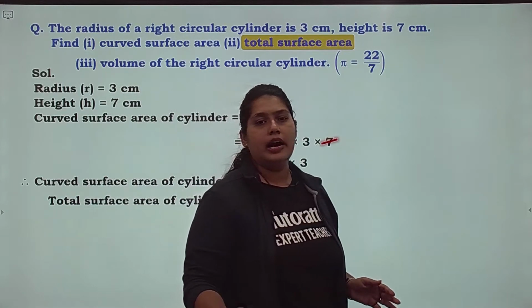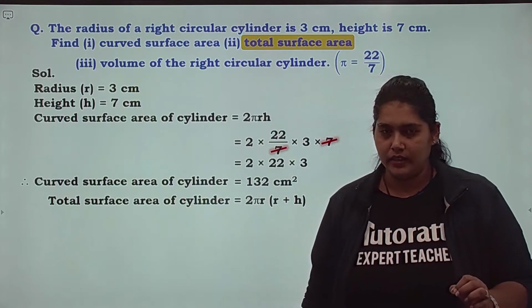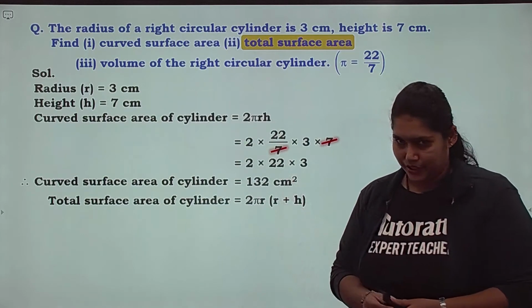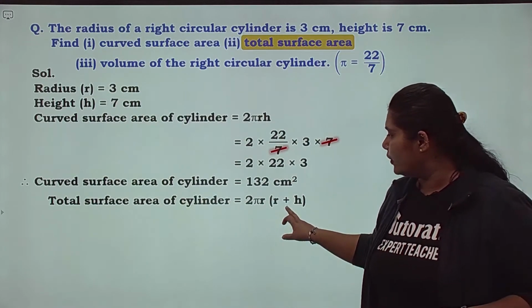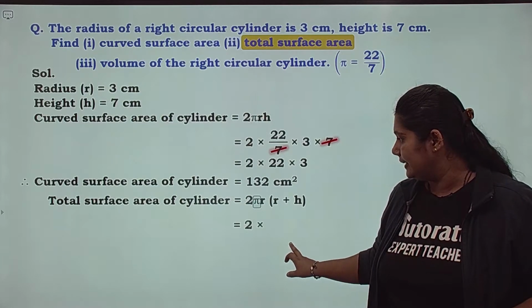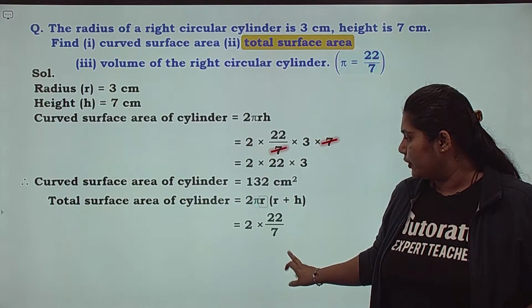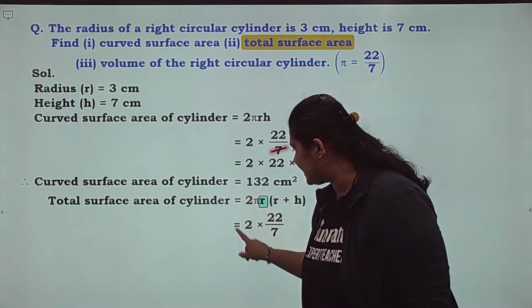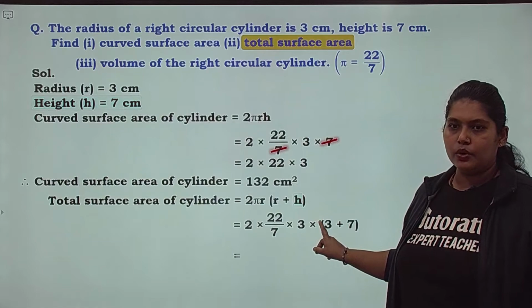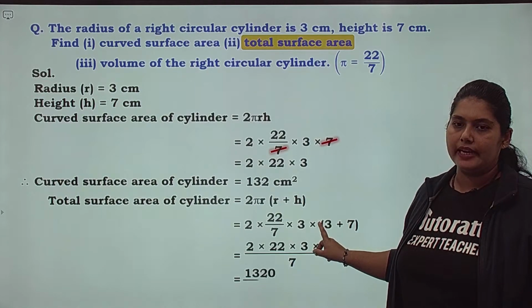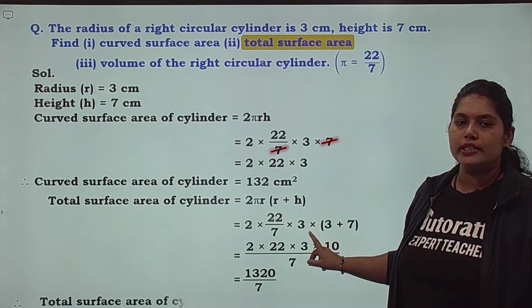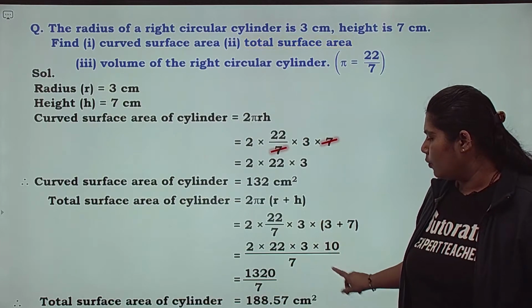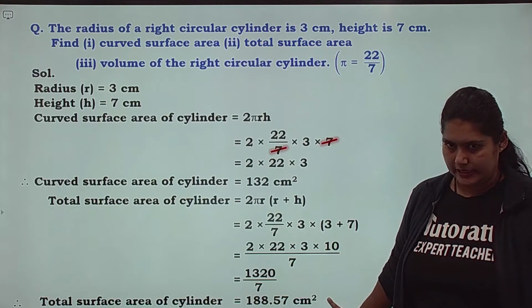So I'm going to get 2πr in the bracket r plus h. Now here children, I'm going to replace all the values directly. Fine, and I'm going to get the answer. But suppose if I don't want to do this step, ठीक है, and directly get the answer, which is 188.57 square centimeter.